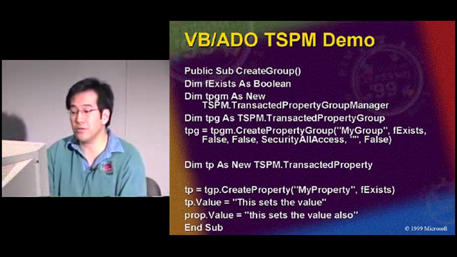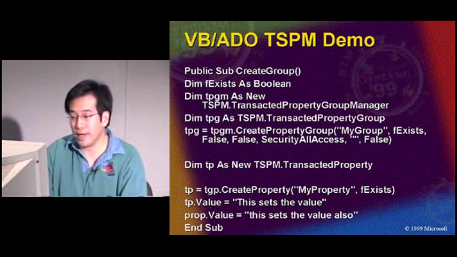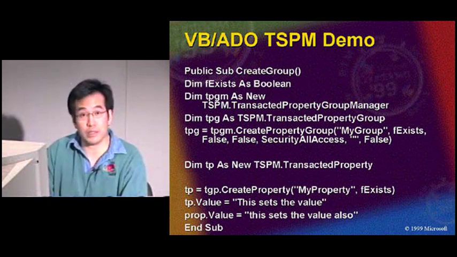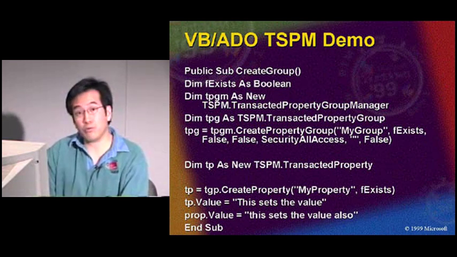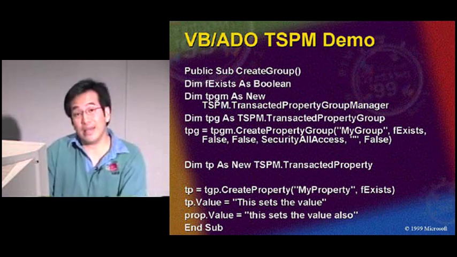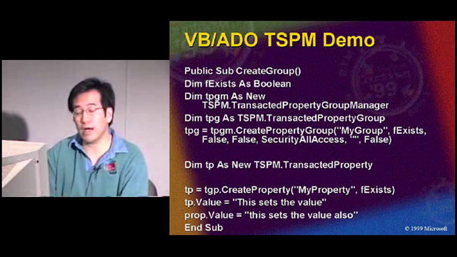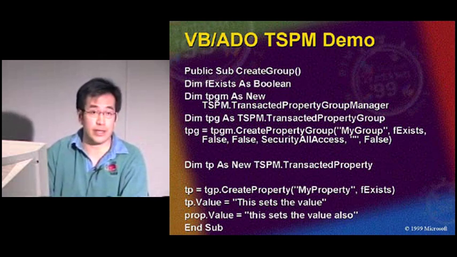So you see that you can manage state information if you choose using TSPAM by creating sets of property groups, providing in each group a set of properties, and then setting a single value for each property as a way to manage your information. It's worthwhile noting that TSPAM, and ADO, OLEDB, DDL in IMDb give you two choices in terms of how you would like to manage your intermediate state in IMDb.